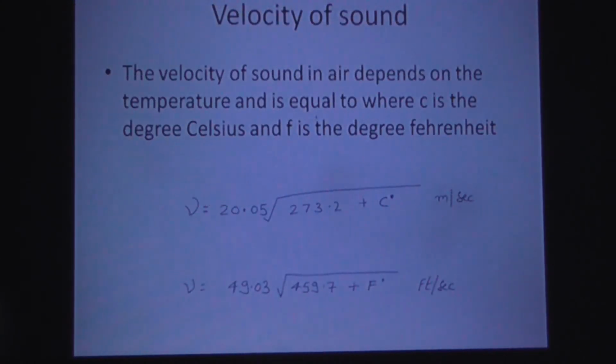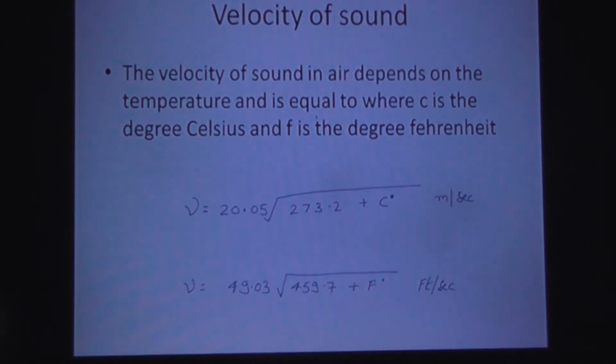So next is velocity of sound. Now the velocity of sound in air depends upon the temperature. As we see the formula, velocity is equal to 20.05 under root 273.2 plus C, in meters per second, where C is the degrees Celsius.